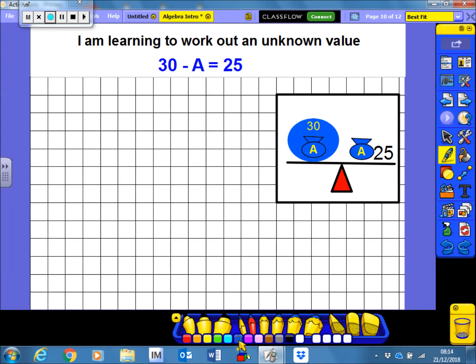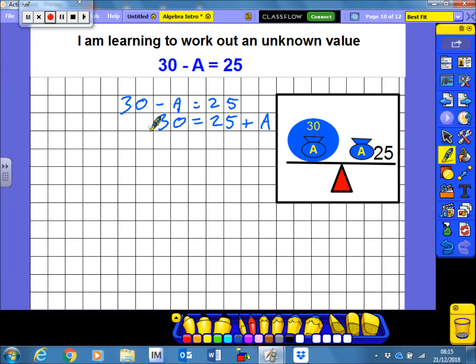So writing that down, the actual process, we started off with 30 minus A equals 25. Now though, we've actually got just 30, because we've added the A back on, and that equals 25 plus A. So 30 equals 25 plus A. Now, there's no reason we couldn't write that round the other way, where the A is on the left-hand side as we're used to.